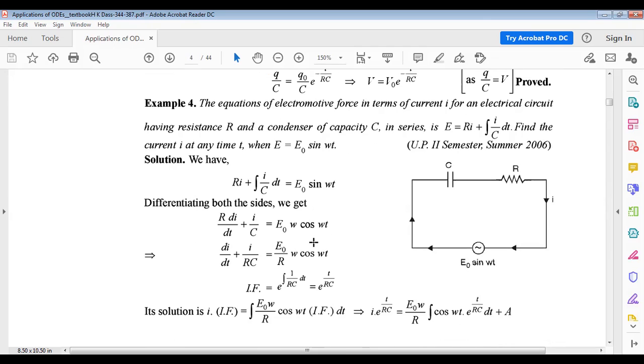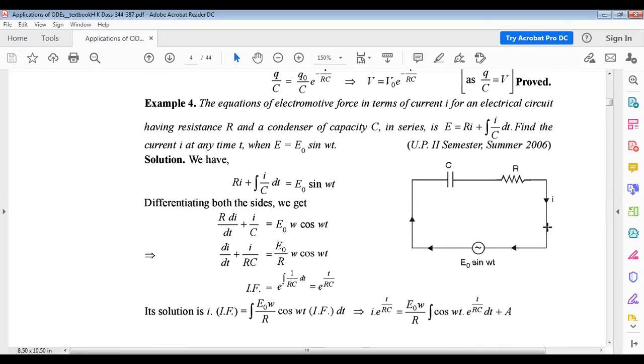Now another example for circuits. The equation of electromotive force EMF in terms of current I for an electrical circuit having resistance R and a condenser of capacity C in series connection.